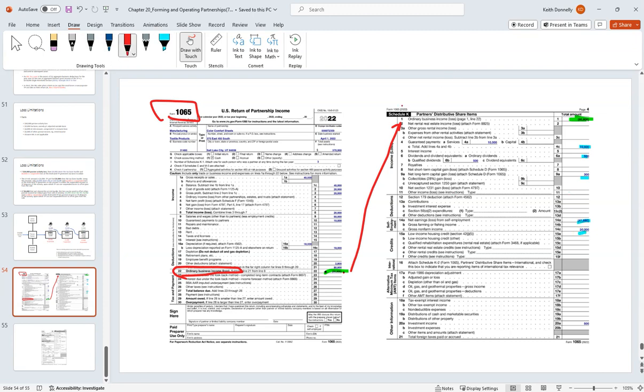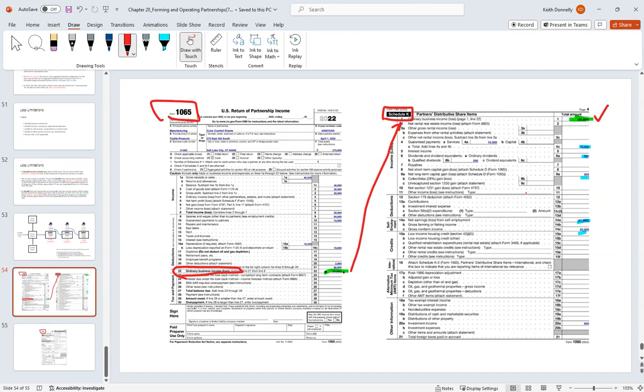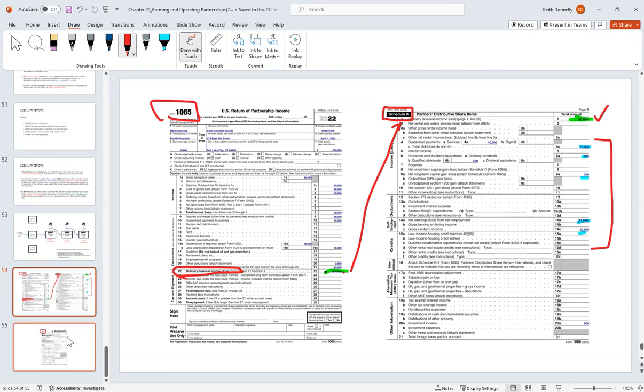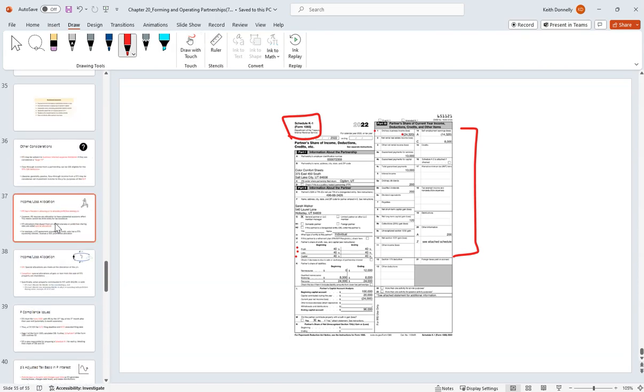The idea with it is the Schedule K on the 1065 mirrors the K1. In other words, hey, we had a $60,000 loss here, and that's on line 1. On line 1 here, we're going to have our share, based off of our profit and loss sharing ratios. Hey, we have some separately stated items. That's going to get pushed out on the upper part here. So that's how it works.